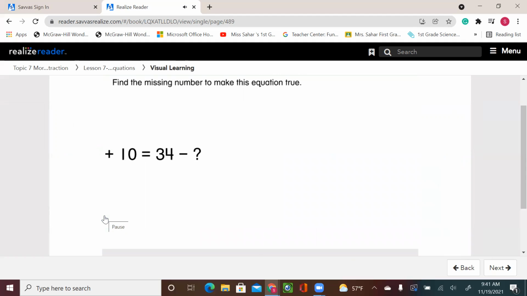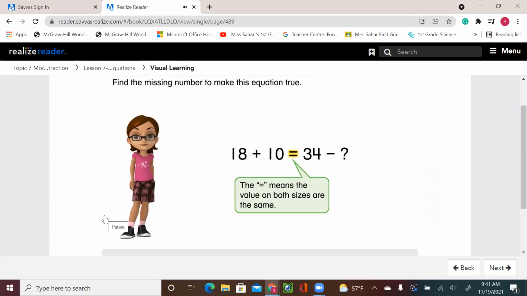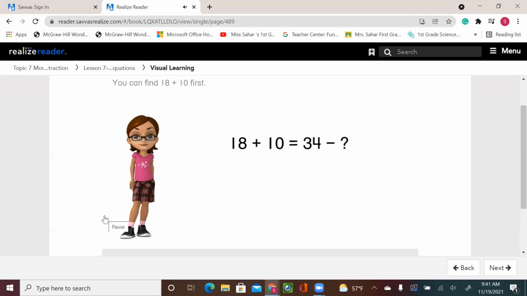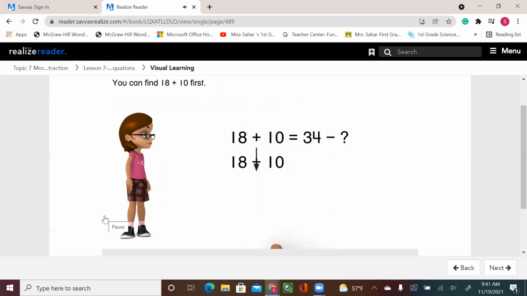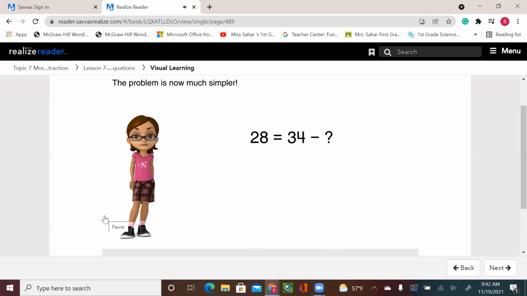Find the missing number to make this equation true. The equal sign means the values on both sides are the same. You can have addition on one side and subtraction on the other side of an equation as long as they have the same value. You can find 18 plus 10 first. 18 plus 10 equals 28. The problem is now much simpler.